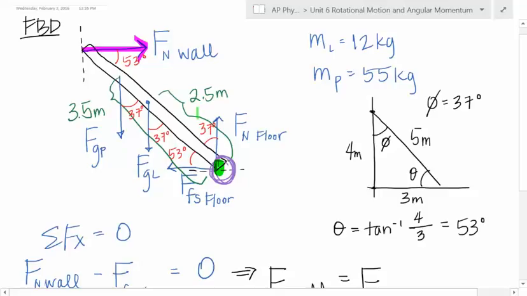Clockwise. All right. Now, just looking at the gravitational force or the weight of the painter, which way would that make the ladder turn? Counterclockwise. And what about the weight of the ladder itself? Counterclockwise.